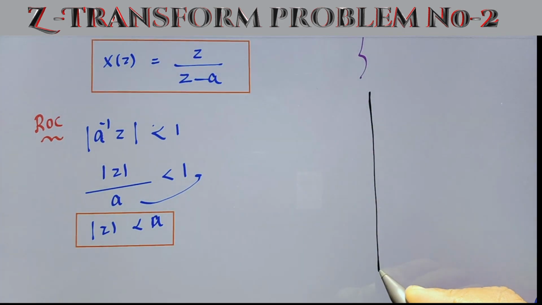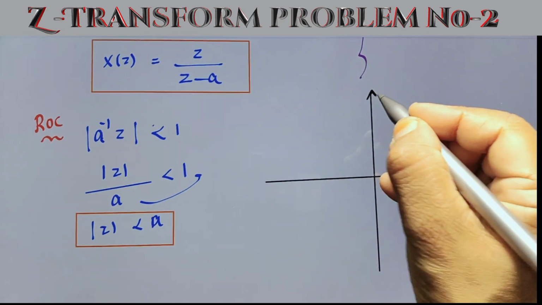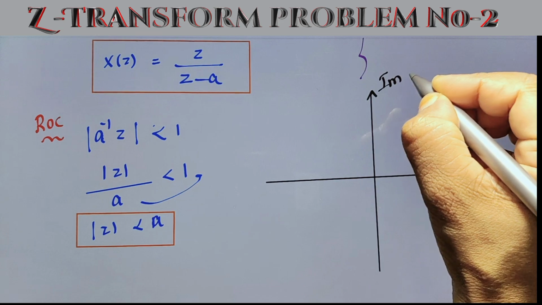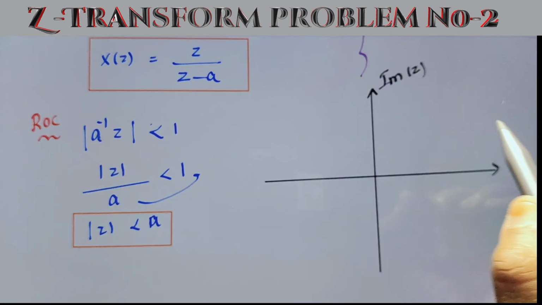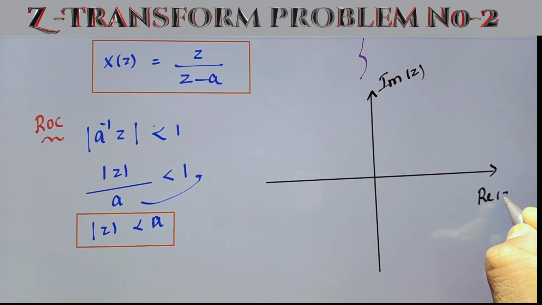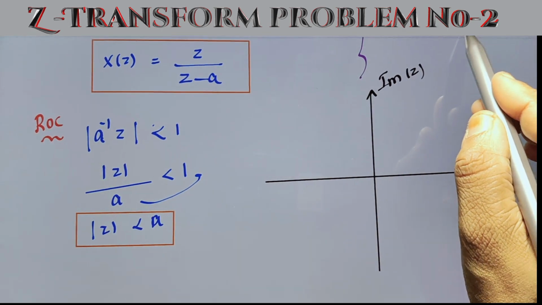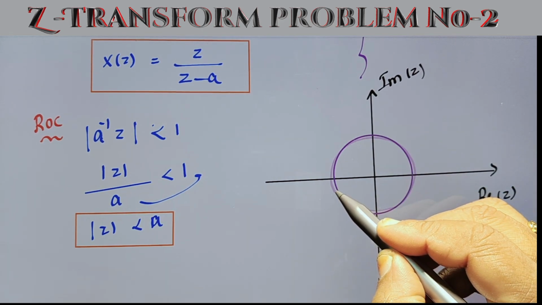It's very simple. Draw x-axis and y-axis. Y-axis represents the imaginary part of z, and x-axis represents the real part of z. Draw the unit circle. Okay, this is for the circle.